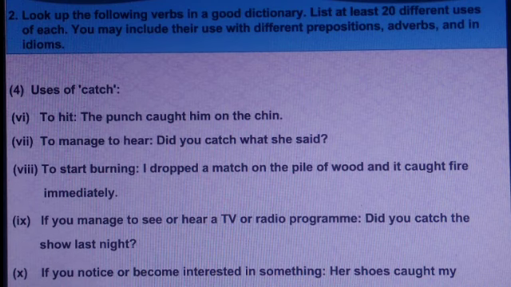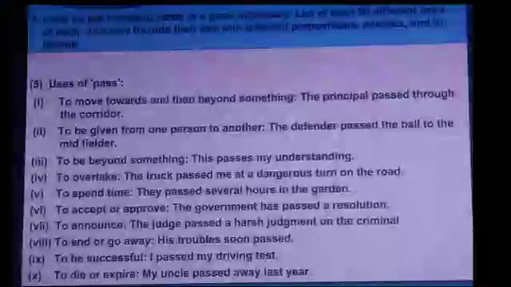It is also used to manage to see or hear any television or radio program. It is also used to make sure a notice is shown to other people in an interesting way. So, that is how it is used.